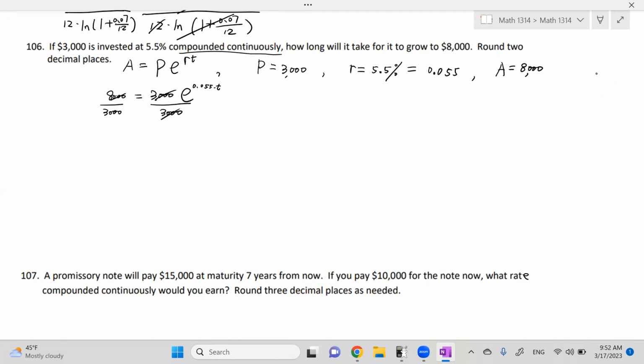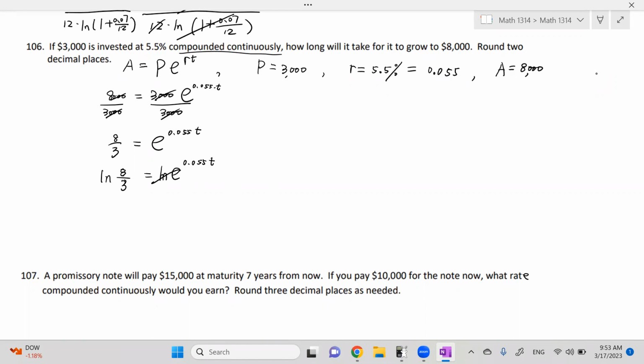So we have 8 over 3 equals e to the 0.055t. I'm solving for t. I need to get rid of the e part. I can take the ln of both sides. I have ln of e to the 0.055t.